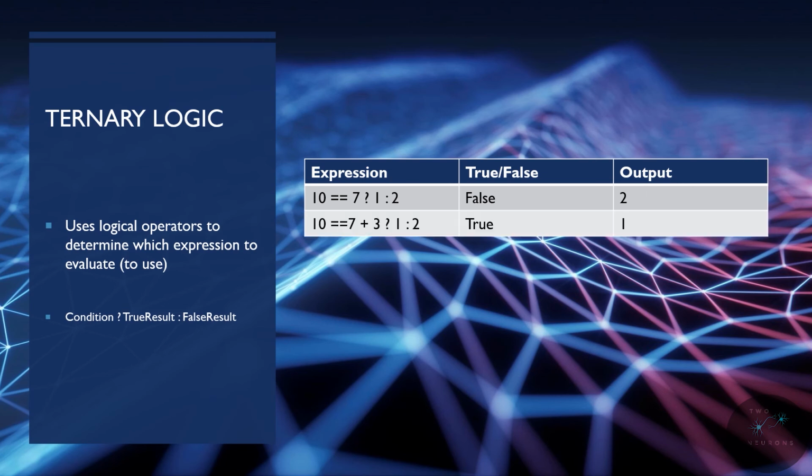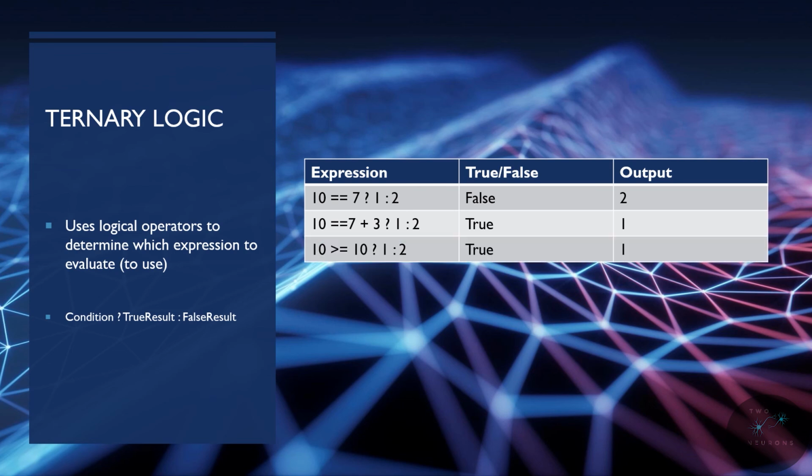Let's say we have is 10 equal to 7 plus 3. If it's true, then we'll evaluate 1. If it's false, then we'll evaluate 2. Well, 7 plus 3 is 10, so 10 is equal to 10. So this evaluates as true, we will use 1. If we say 10 is greater than or equal to 10, that's true, so again we'll evaluate 1.